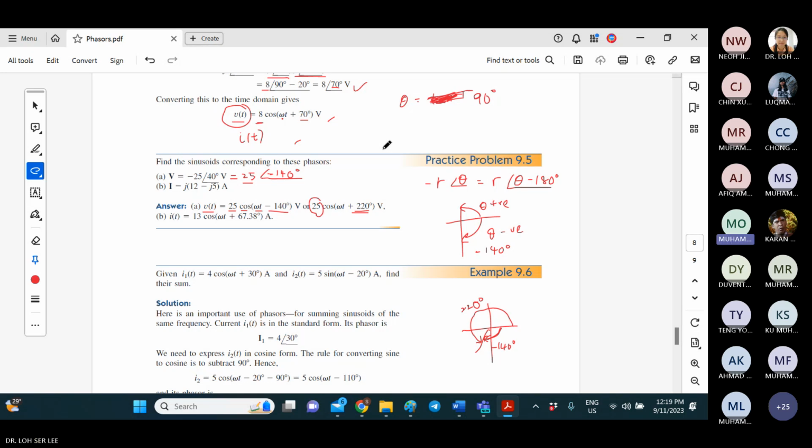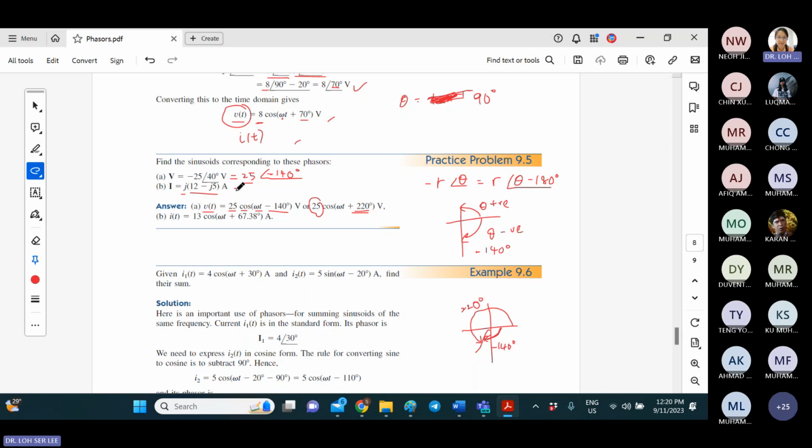Okay, very good. And next we look at question B. Again, this is a complex number multiplied by another complex number. So we have to solve the multiplication first.